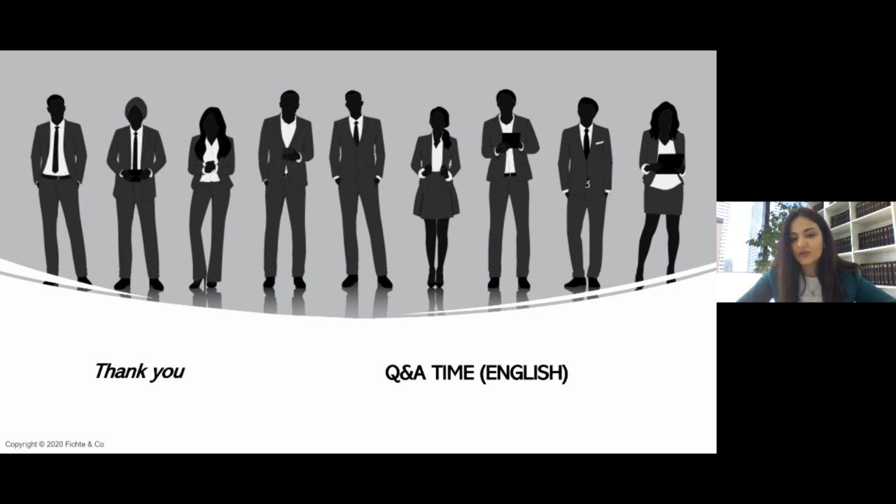And this contract needs to be submitted to the Ministry of Human Resources and Emiratization. This exact contract, which is submitted to the Ministry, is considered to be the contract which governs the relationship between the employer and employee.